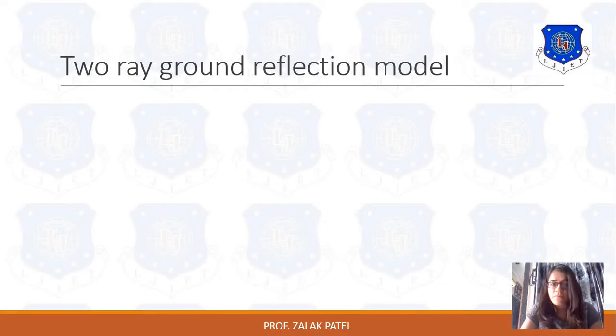The free space propagation model is mainly used when the transmitter and receiver have a clear line of sight, meaning there is no obstruction present between the transmitter and receiver path. But this model can also be applied when there is an obstruction present, meaning multipath is present, like this.